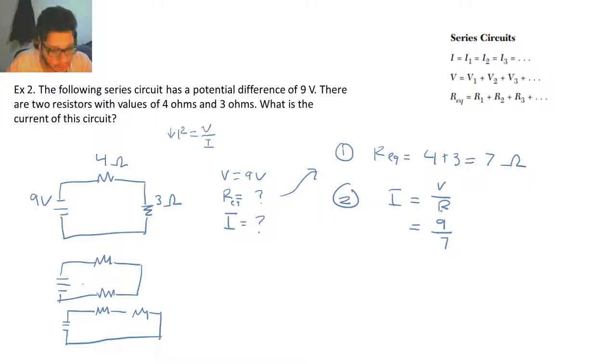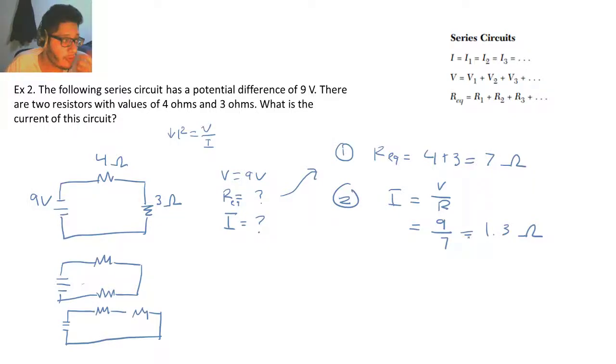And that 9 divided by 7, let me plug that into my calculator real quick. 9 divided by 7 gives me 1.3 amperes. So we can see that if we decrease the resistance, we're actually going to increase my current.